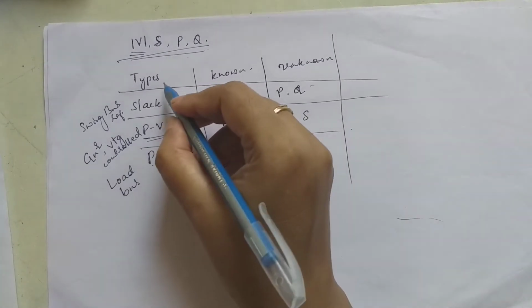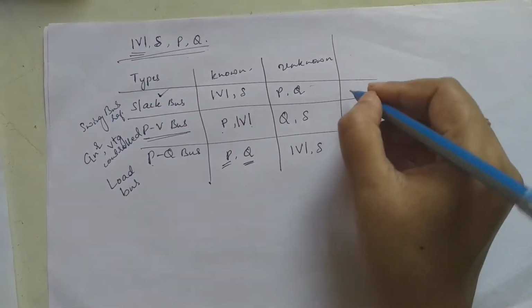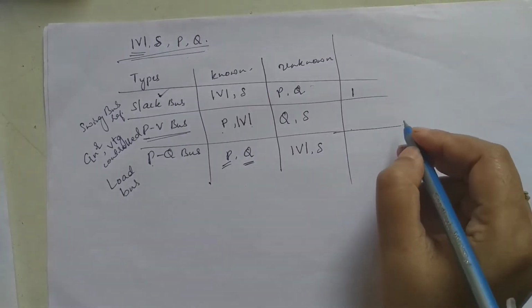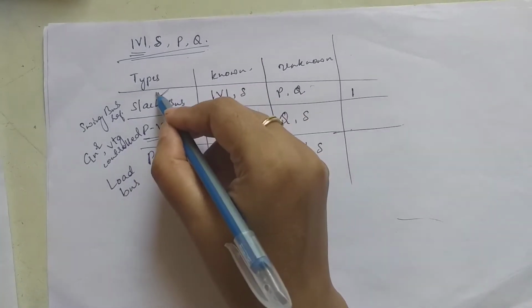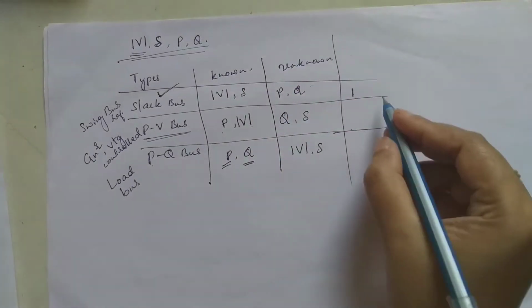So if nothing is given, how to identify the slack bus? Usually only one bus in the power system will be slack bus. The highest generating bus is considered as the slack bus.